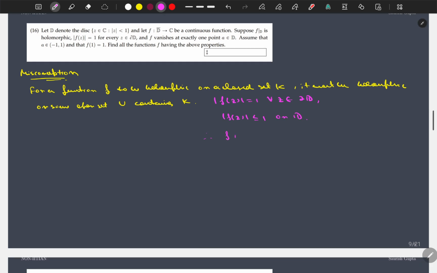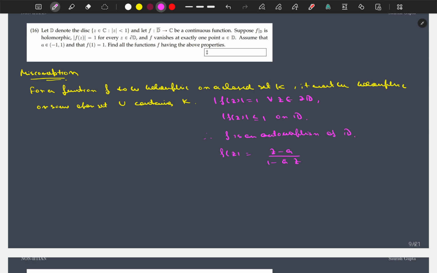So therefore f is an automorphism of D. So f of z must clearly be of the form z minus a over 1 minus a bar z, right? It vanishes exactly at one point, we just choose that point itself, because 1 over a bar will not be in the disk, so it's analytic there.